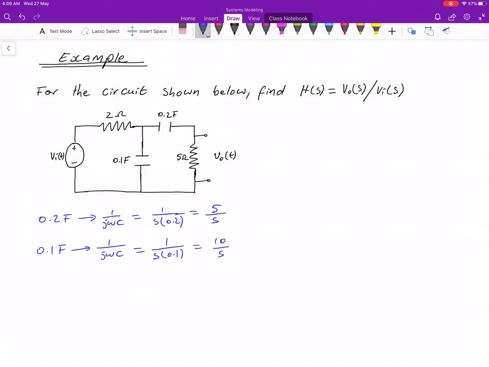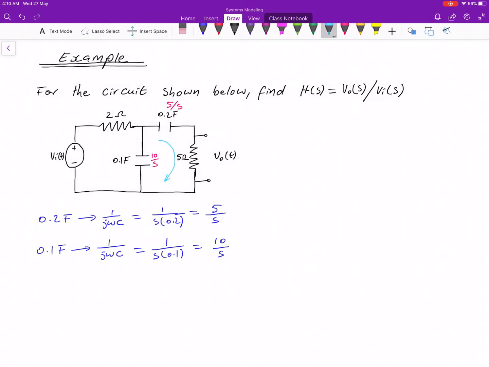Okay, and we can redraw this. Actually, let me not redraw it. I'm just going to write the Laplace equivalents on this circuit. Here we have 5 over s, and here we have 10 over s, instead of redrawing the whole thing.